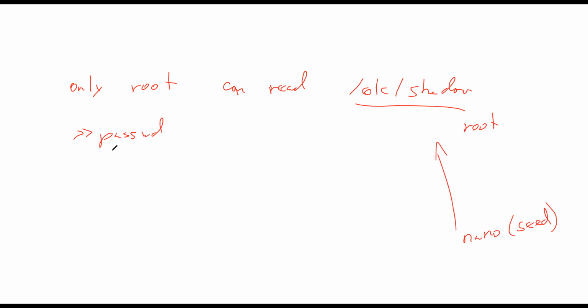So you have to go through this program, which is Passwd. So how can you do it if you do not have access to the shadow file? The Unix solution was to invent the SetUID mechanism.